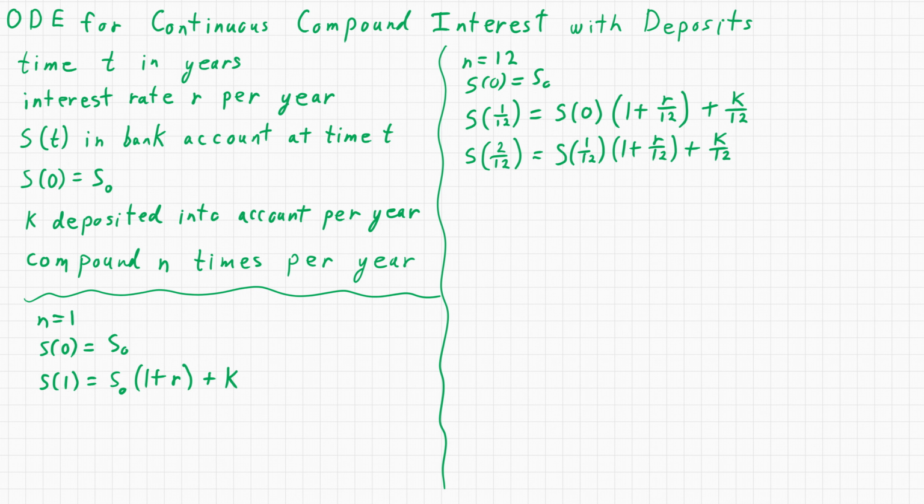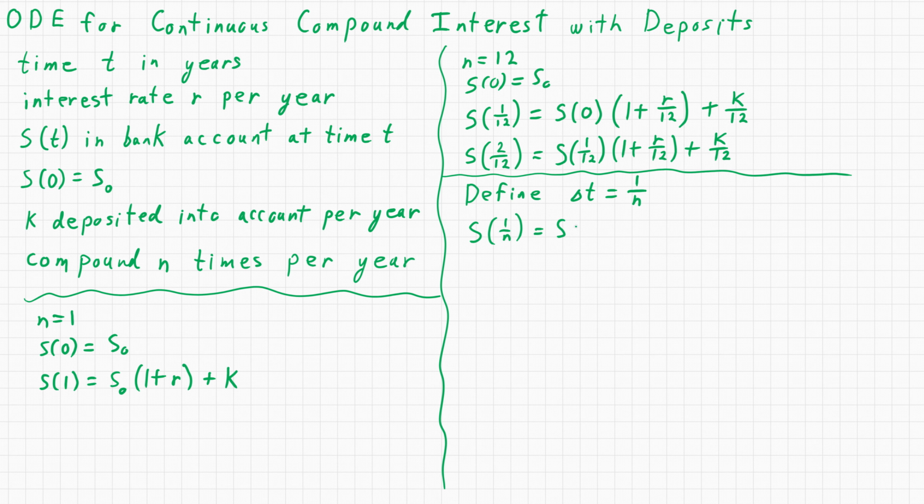All right, so there's a little trick for the ODE. We're going to do something a little different. We're going to define delta t is equal to 1 over n. So it's kind of the length of one interval to compound. All right, let me just separate this here. So if we do that, we're going to have S of 1 over n after the first compounding.